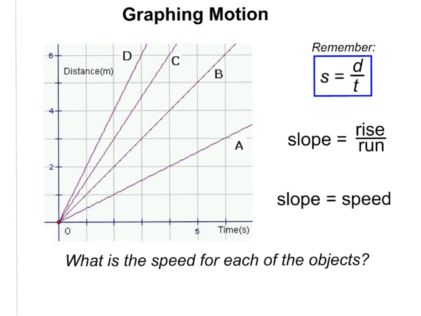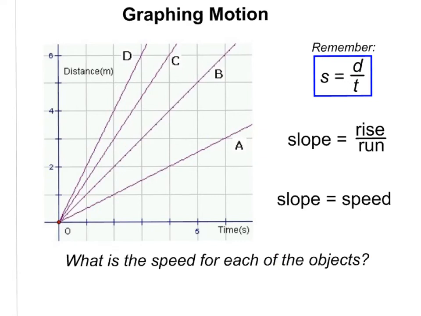So now let's take a look at graphing motion. We are going to look at a distance versus time graph. This axis will be the distance. We put our time on the x-axis, and remember that distance divided by time is equal to speed.